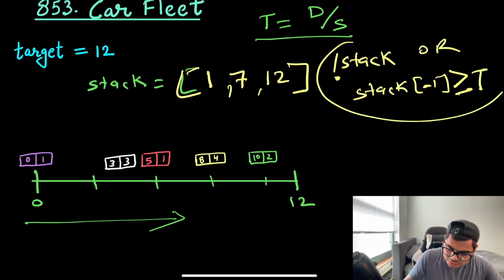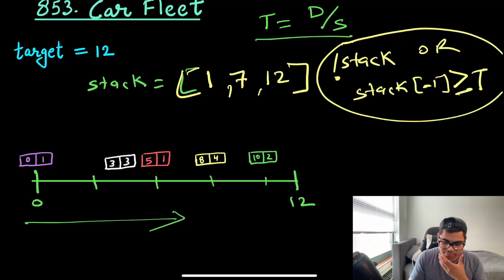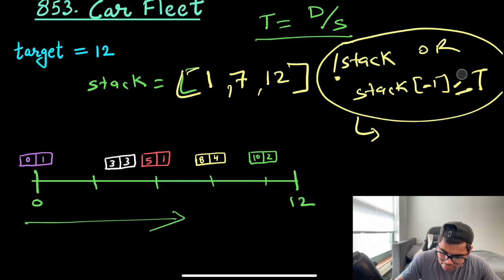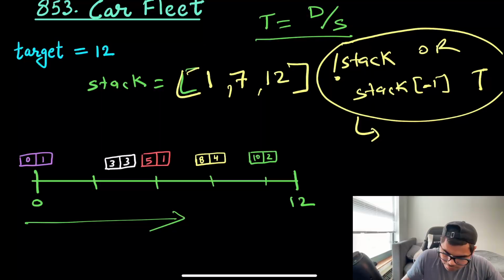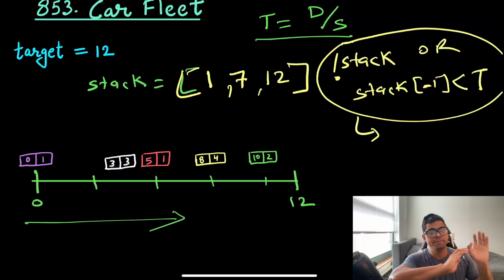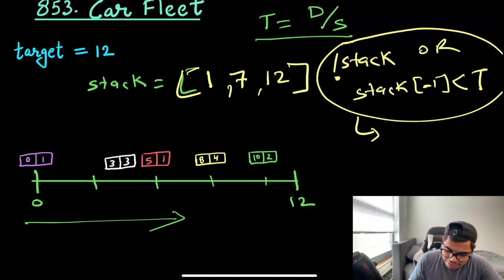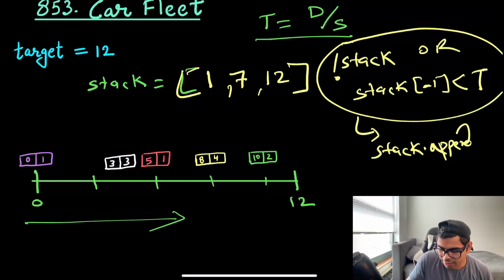If these conditions match, that means I will be appending. It's not greater, actually it's smaller. That means the time is smaller, so they have already gone and reached the destination, and my time is way bigger. So this particular car is taking some time, so I will append it, stack.append the time.